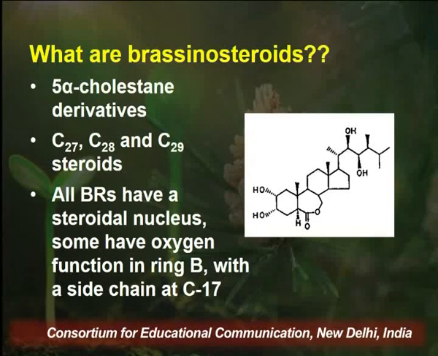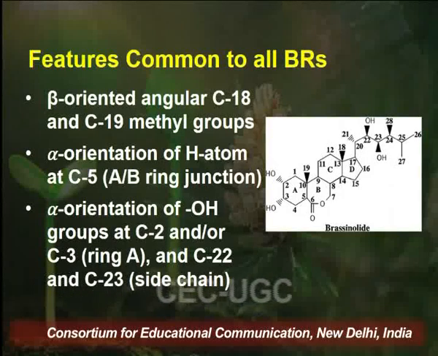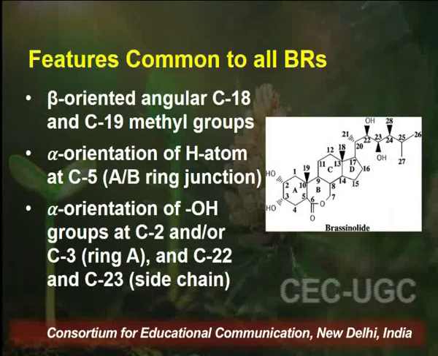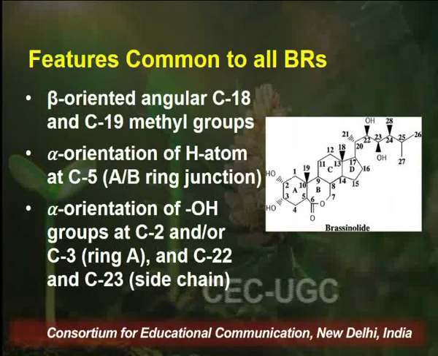As I told you, all the brassinosteroids have a steroidal nucleus, and some have a heterocyclic ring B with a side chain on the 17th carbon. As you can see, there is a heterocyclic ring B, a ketonic group is also attached, and oxygen is also present in the ring B. There are certain common features seen in almost all the brassinosteroids. The carbon 18 and carbon 19 methyl groups have a beta angular orientation.